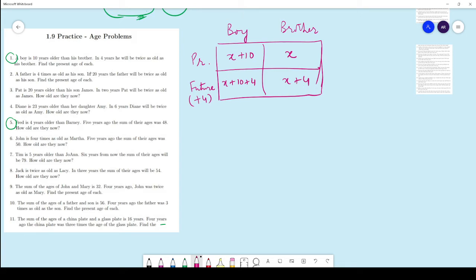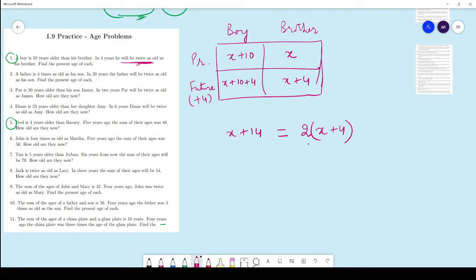Now the equation that we have over here: he will be twice as old. So this is what we need to keep in mind. We're talking about twice as old. So the equation that we present over here is, if the boy is x plus 14, the brother is x plus 4. When the brother's age is doubled, it becomes equal to the boy's age, right?